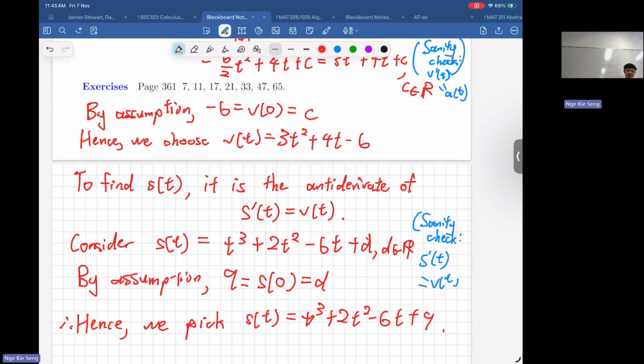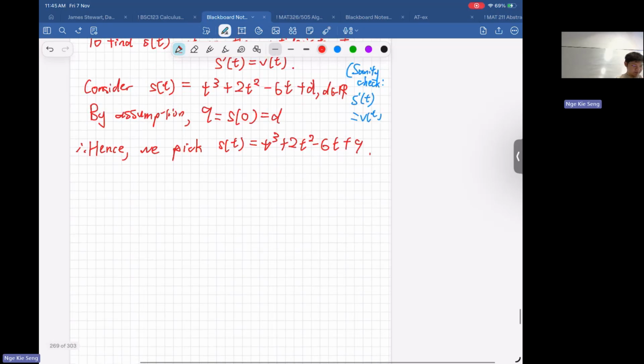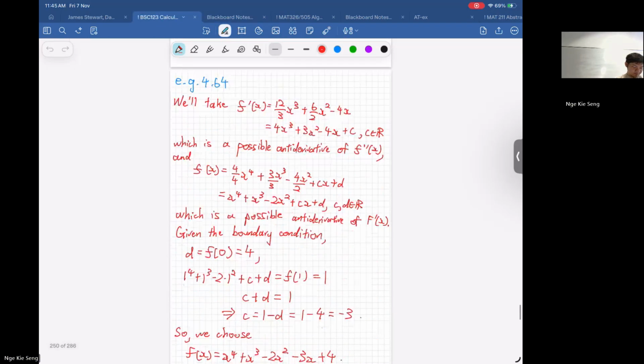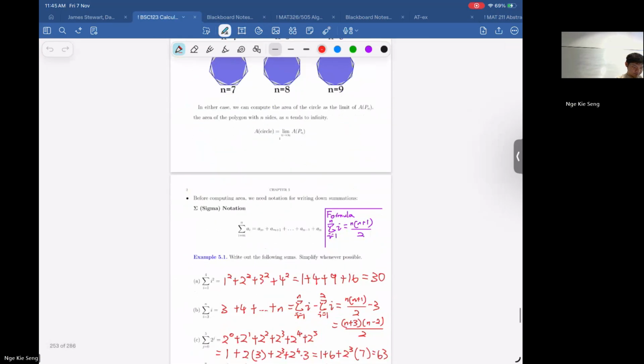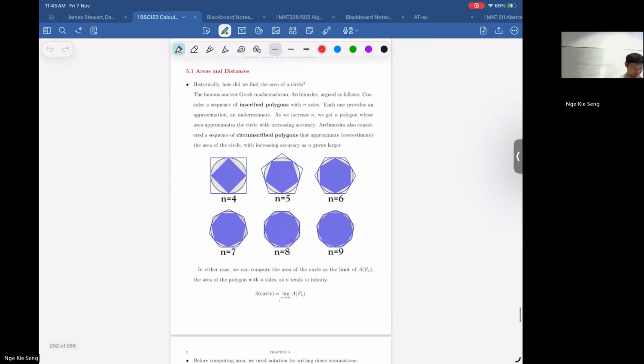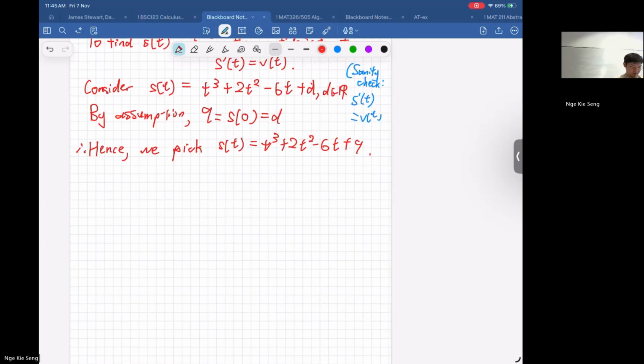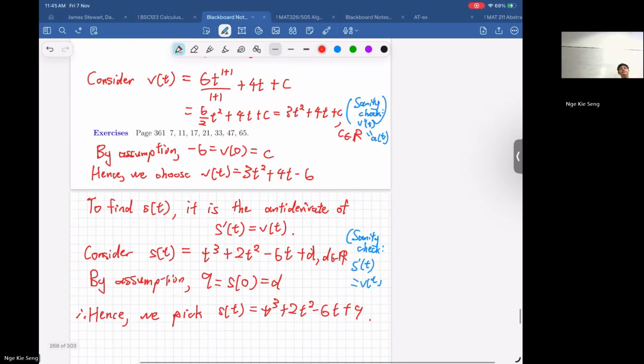Okay, combine both. Any questions so far?